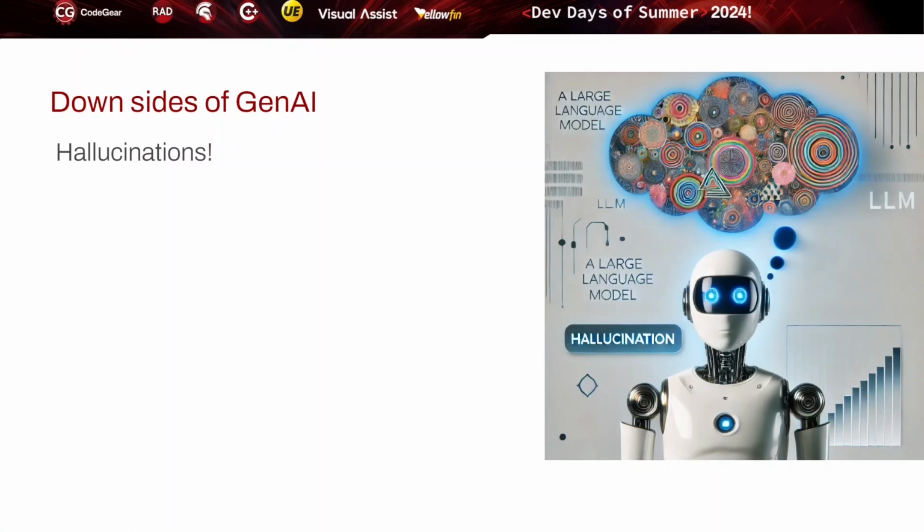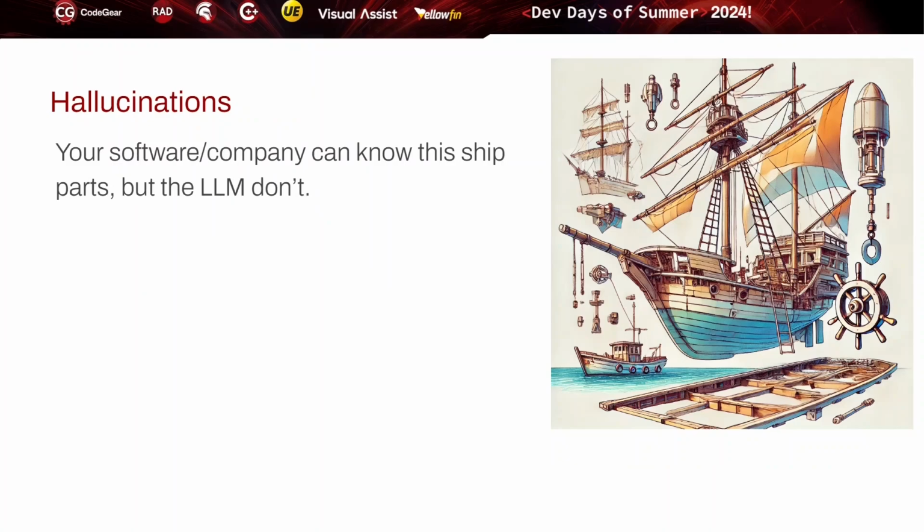When you have a lot of tools that were needed to build this boat, and your company, your software, maybe knows how to build this boat, but the LLM, ChatGPT, Gemini, maybe does not know how to build the ship that you wanted to talk about.